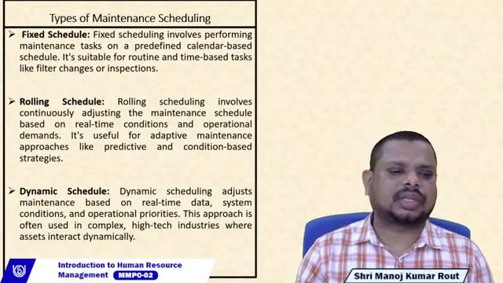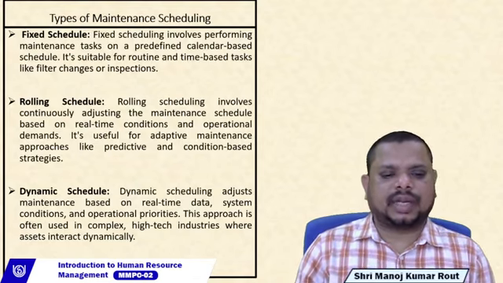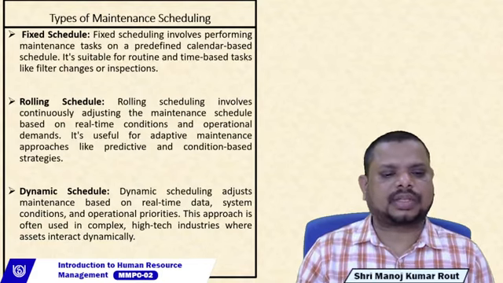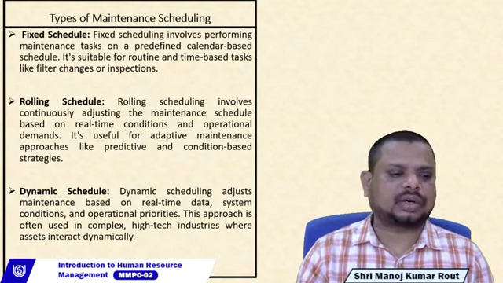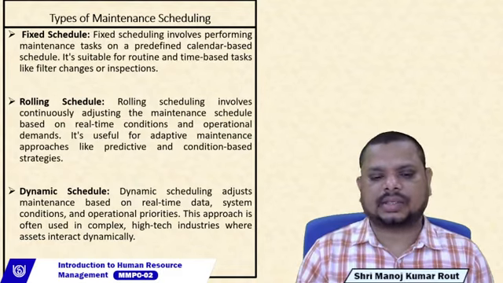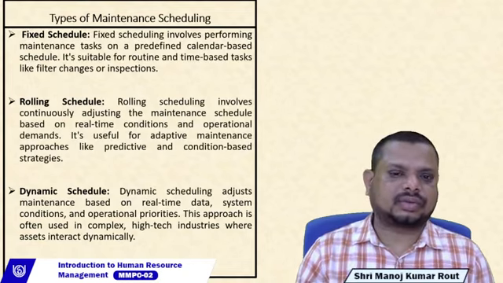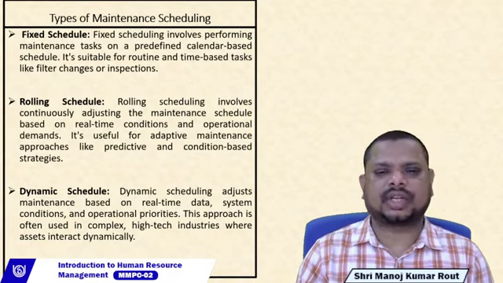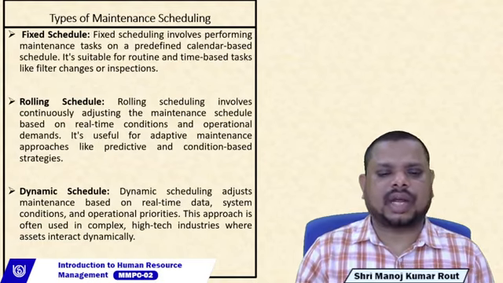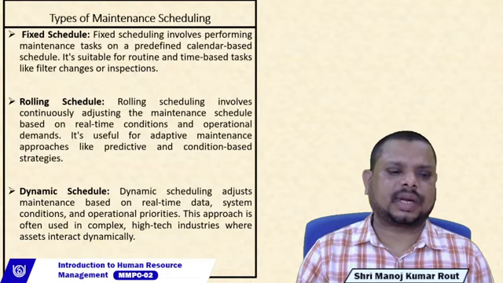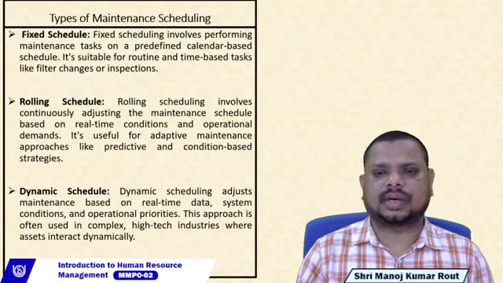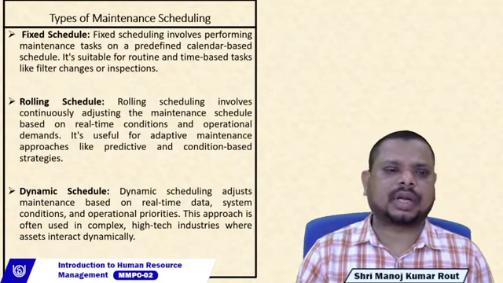The next one is dynamic schedules. Dynamic schedules adjust the maintenance based upon real-time data, system conditions, and operational priorities. This approach is often used in complex and high-tech industries where assets interact dynamically, especially large-scale industries containing flexible, highly automated machines. With highly automated machines that provide real-time data, you can easily implement dynamic schedules for condition monitoring as well as operational priorities.